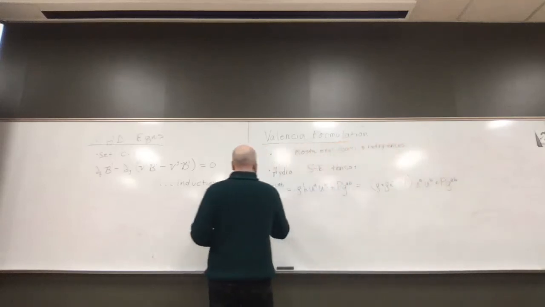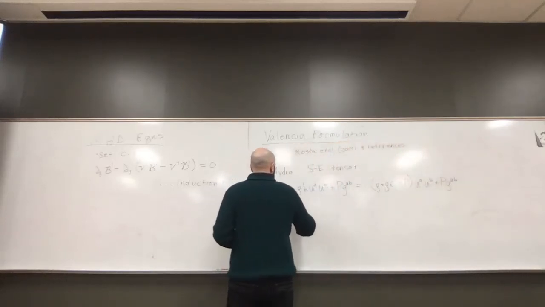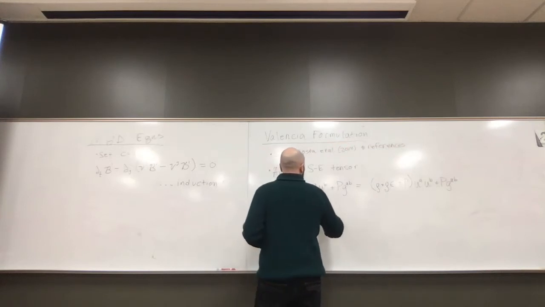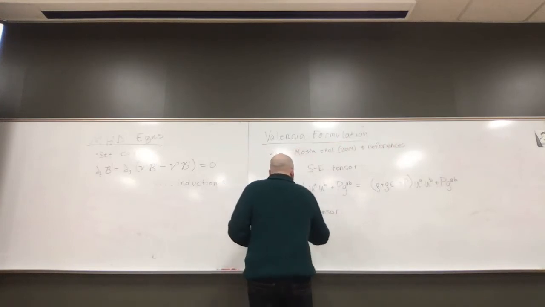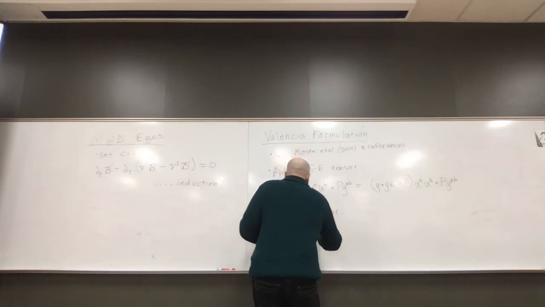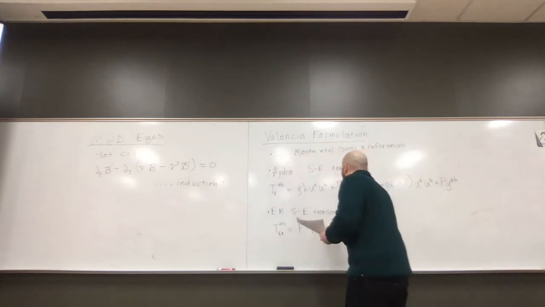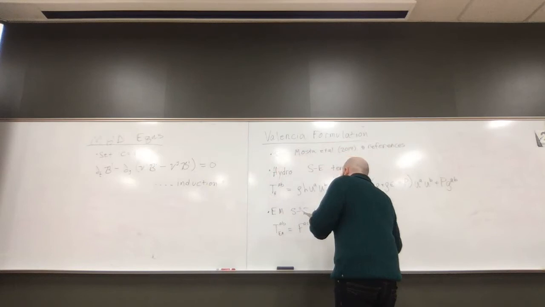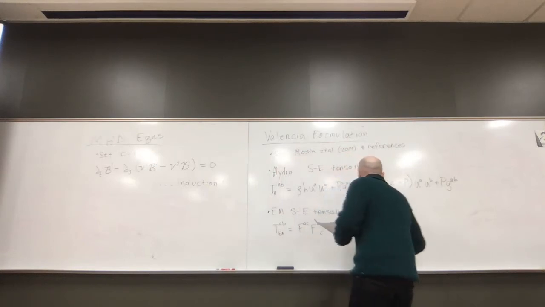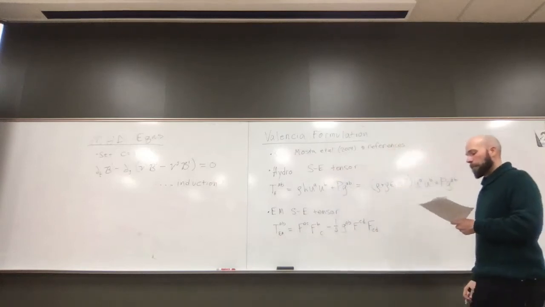Had that before. The EM part of the stress energy tensor, we've had this as well. I'll just write it up here. T^{AB} EM is equal to Faraday tensor F^{AC}, Faraday tensor upstairs B, downstairs C, minus 1/4 4-metric g^{AB} times F_{CD} F^{CD}, the inner product of the Faraday tensor, like that.